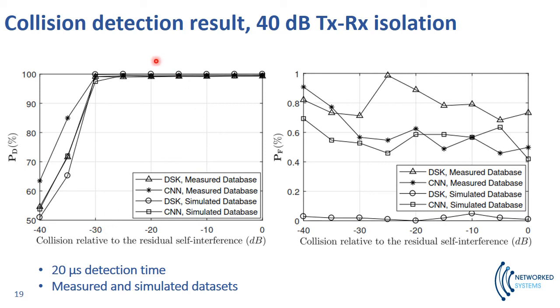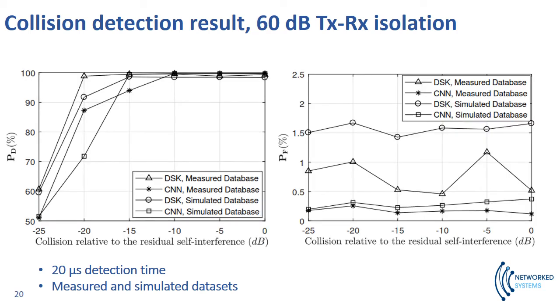In this graph, you see that both of the techniques can detect, let's say, 100% of the collisions, even if the collision is 30 dB weaker than the residual self-interference. And more importantly, the false alarm rate in all the cases is less than 1%.